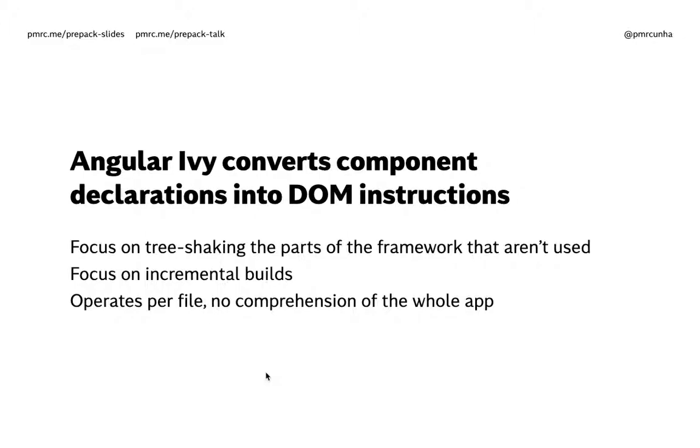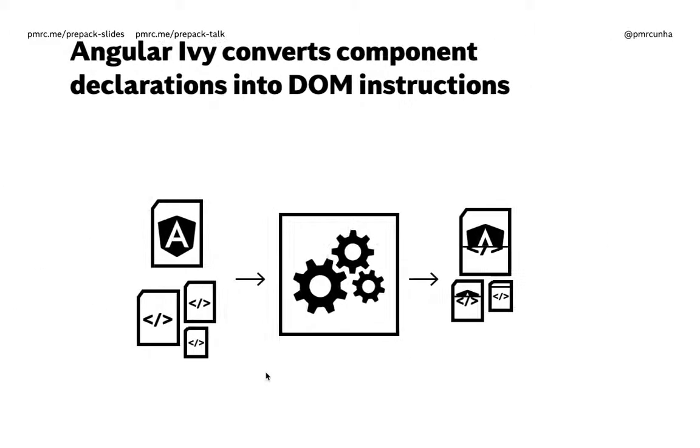This means that the optimizations they're doing are restrained to files. They don't understand the whole application. Basically you have Angular and your templates going into the compiler, and the first component will get a big chunk of Angular that it needs, and the next one is going to get less of it. You only take the parts of the framework that you need.